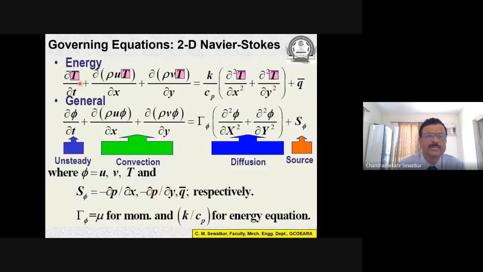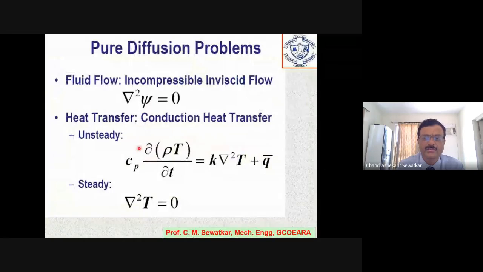If my heat transfer process is unsteady but with only conduction, then the convection term will not be there, so that is 0, and Q bar is also 0. Then what I am left with is del T by del t is equal to K by rho Cp, sorry, there has to be rho, K by rho Cp times del 2T by del x square plus del 2T by del y square, which I can write like this: Cp del by del t of rho T is equal to K grad square T. Or I can take rho and Cp to this side by assuming rho to be constant, so we can take it out of the differential.